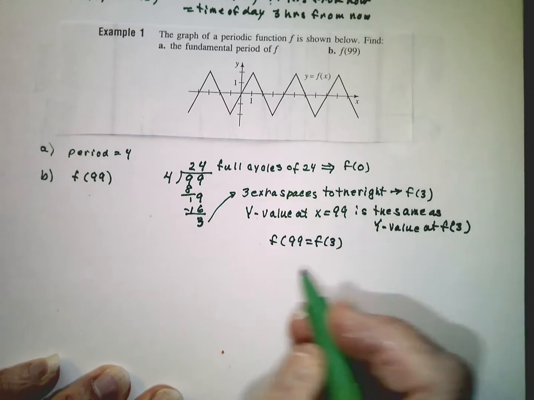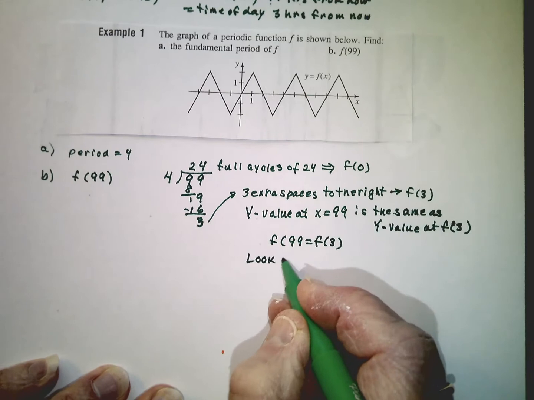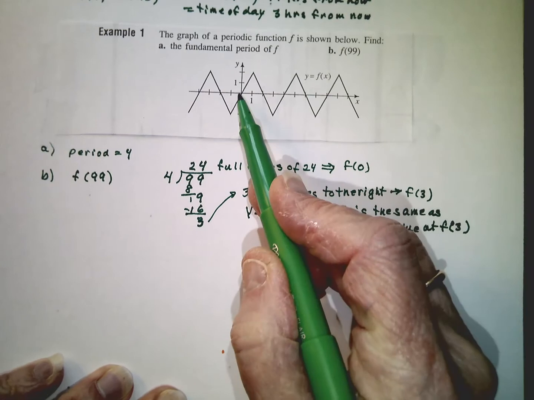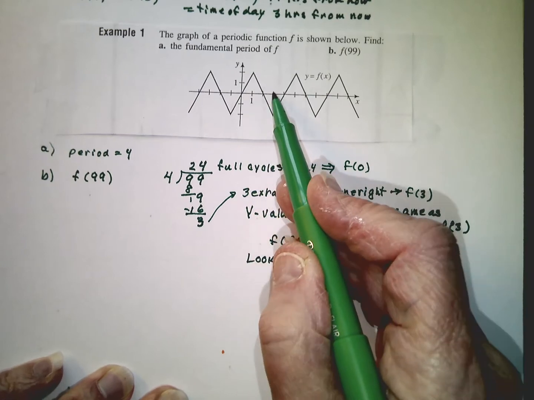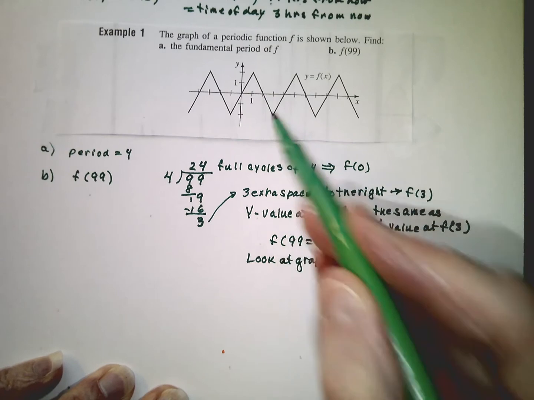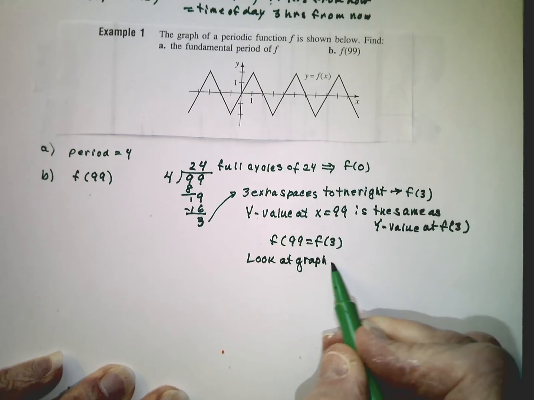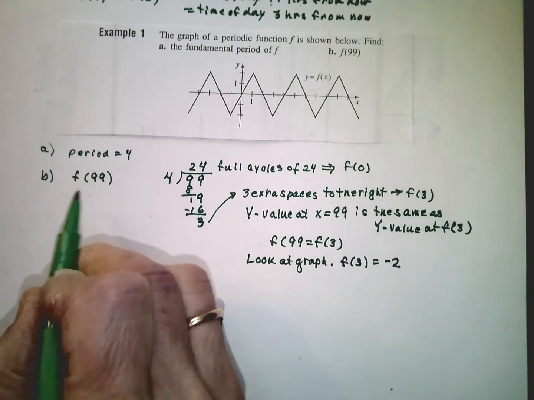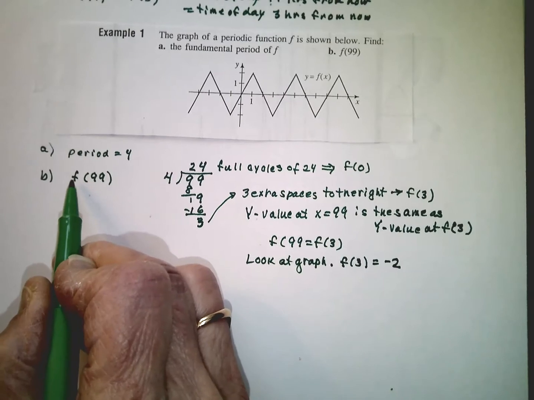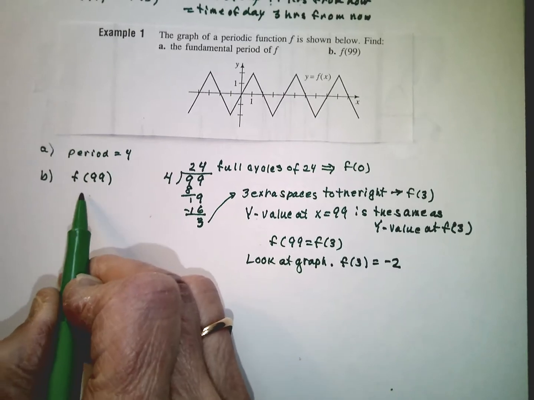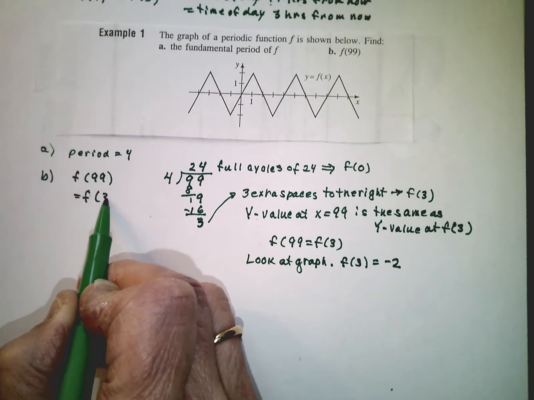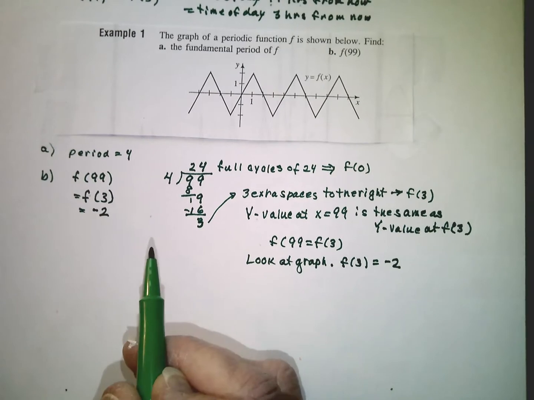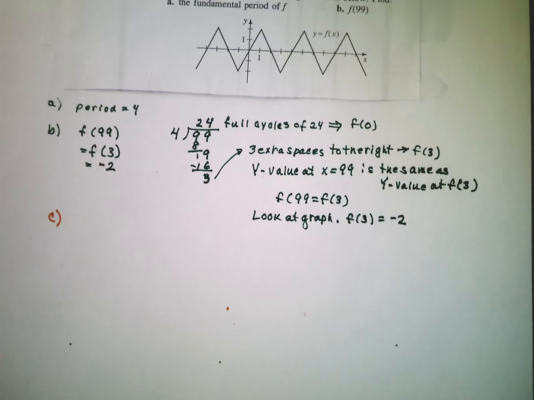We've got to go to the graph. What is the function value when x = 3? Well, it's looking like it's 2 below. So to answer the question they posed, the function value at 99 is the same as the function value at 3, and according to the graph, that equals -2.